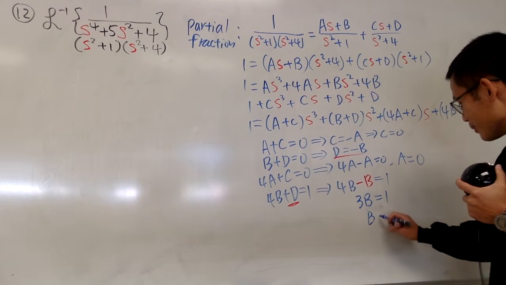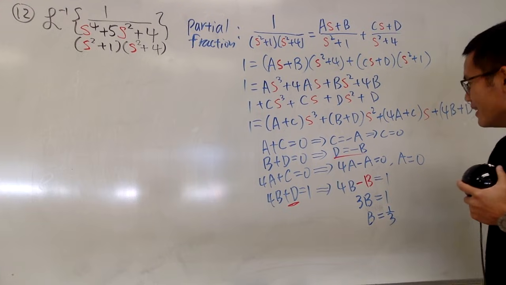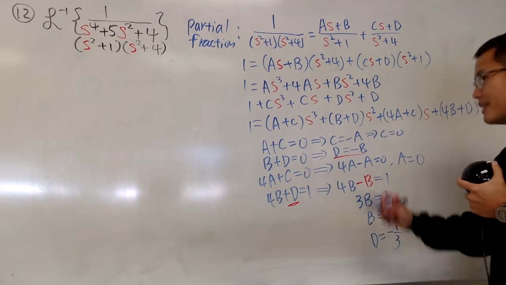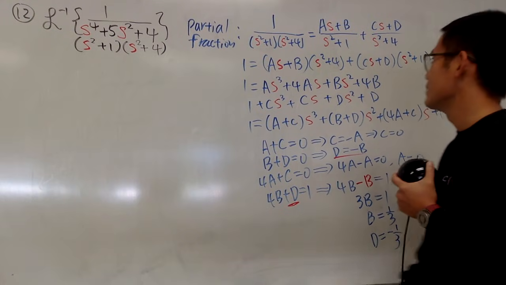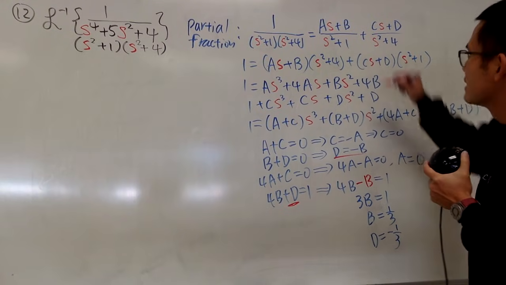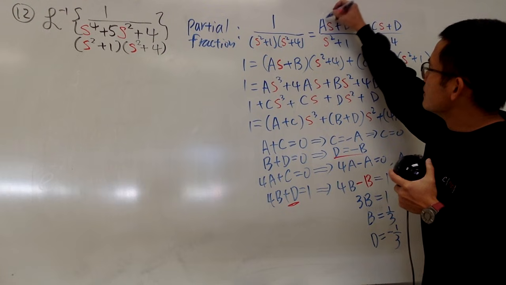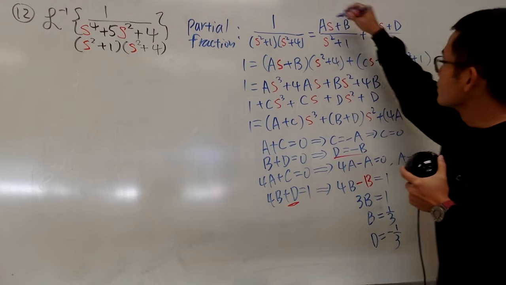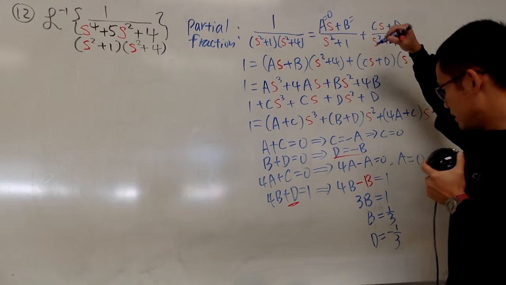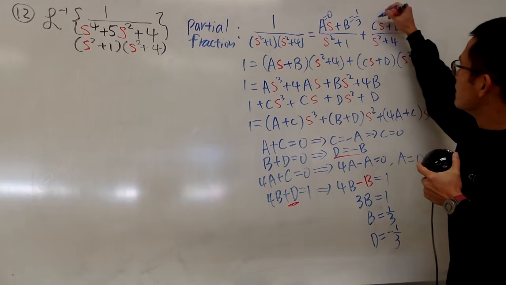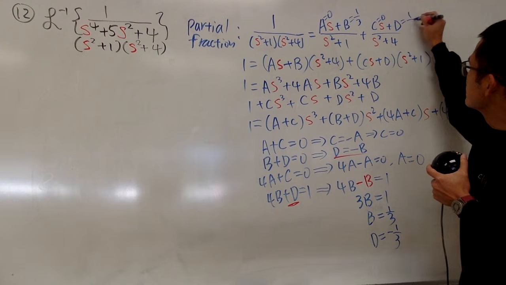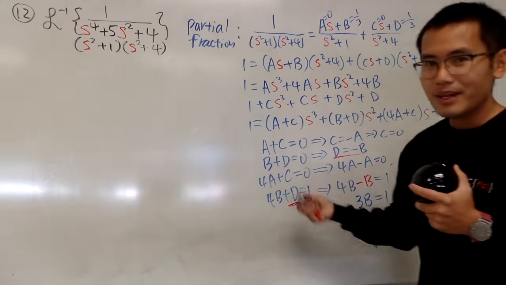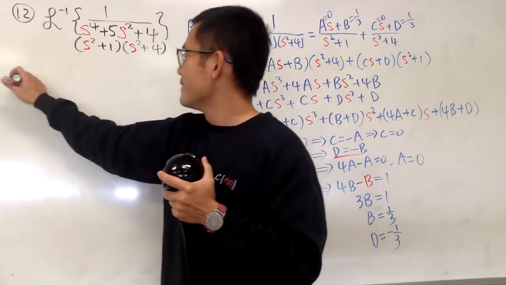So b is equal to 1/3, which means d is equal to negative 1/3. Not so bad, you guys. So a is 0, c is 0, b is 1/3, and d is negative 1/3. Some pretty long partial fractions.